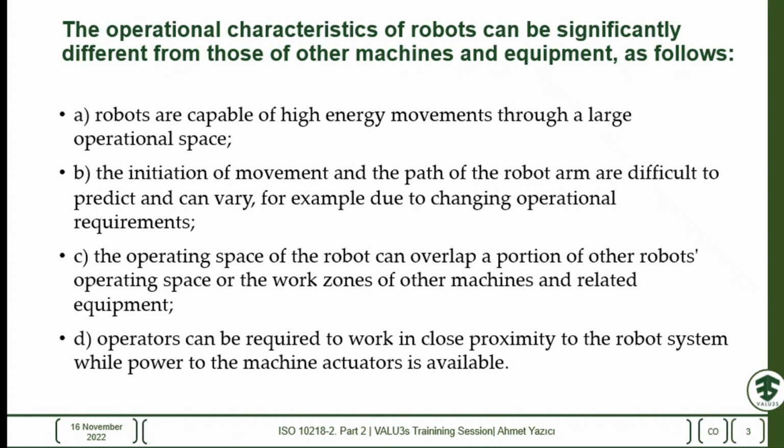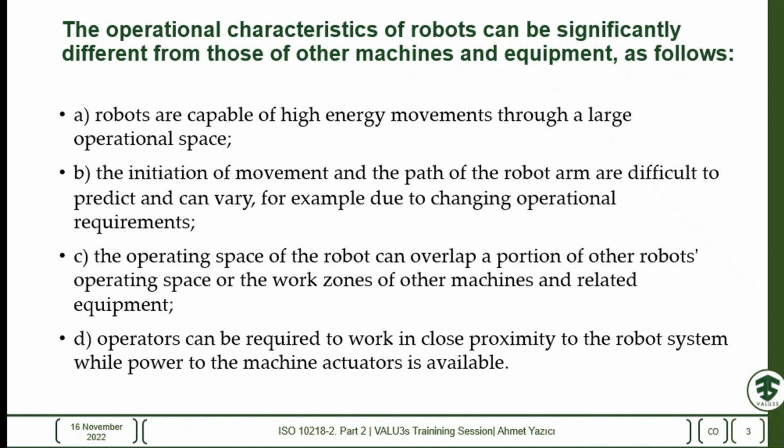So we need to extend some definitions here. In the current standard Part 2, there are already some definitions and requirements shown on this slide. So today we will focus on those and how to extend them considering the VALU3S project.